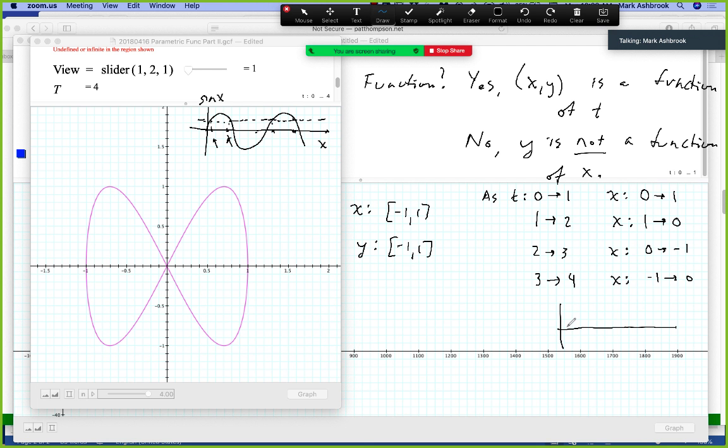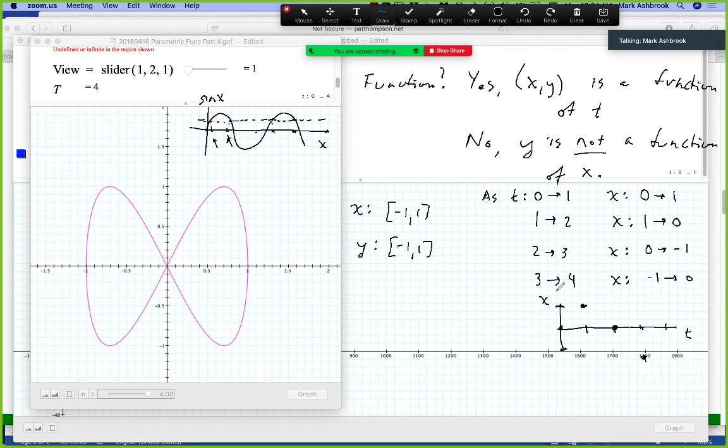Look, let's graph just the x function as a function of t and see if we can figure out what this is. So 1, 2, 3, 4. As t went from 0 to 1, x went from 0 to 1. As t went from 1 to 2, x went from 1 back to 0. As t went from 2 to 3, x went from 0 to -1.